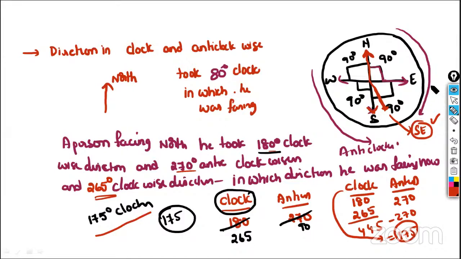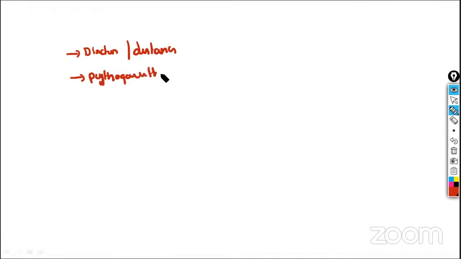Very good. Done. Right? So from directions, we learn 4 concepts. That is directions and distance, Pythagoras theorem, next one, positioning, so in which place.